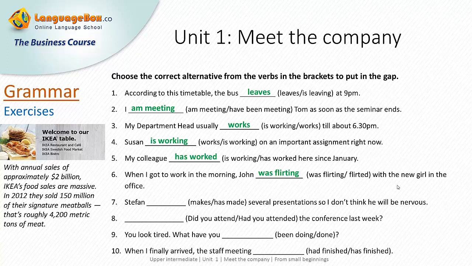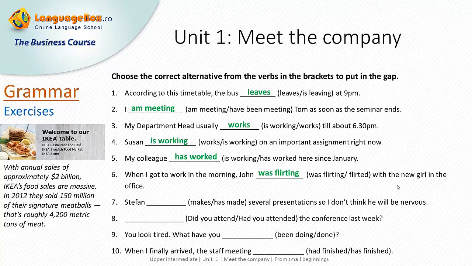Okay, number 7. Stefan makes or Stefan has made several presentations, so I don't think he'll be nervous. Now, we want to suggest here that Stefan in the past did these presentations. So the first option, Stefan makes, is not going to be possible.